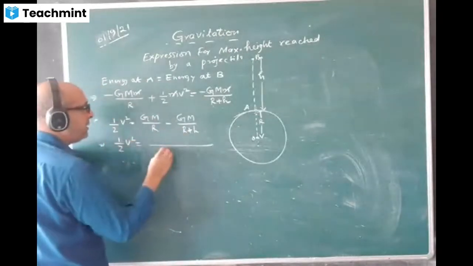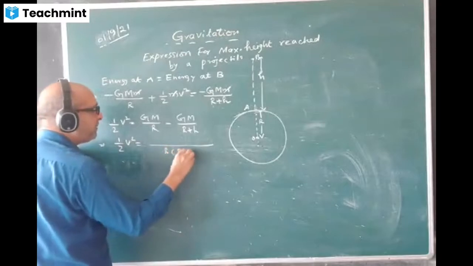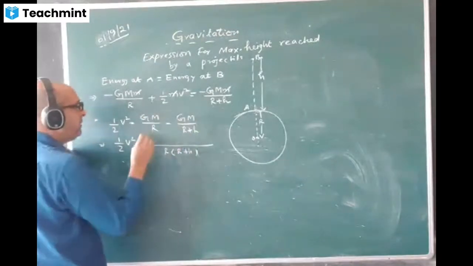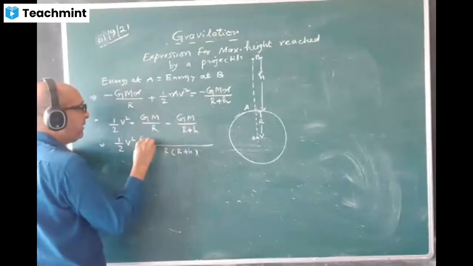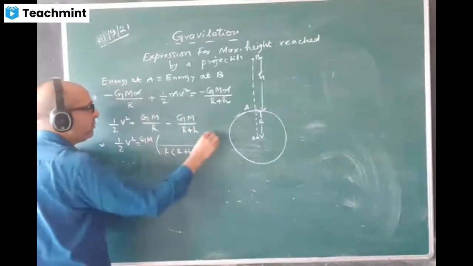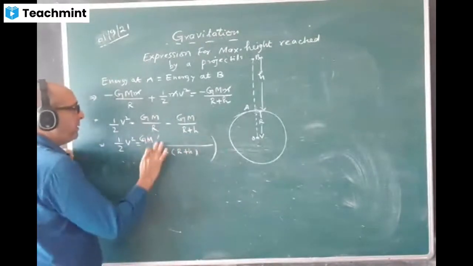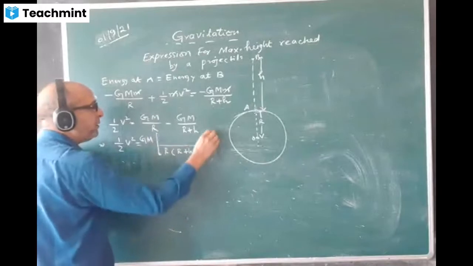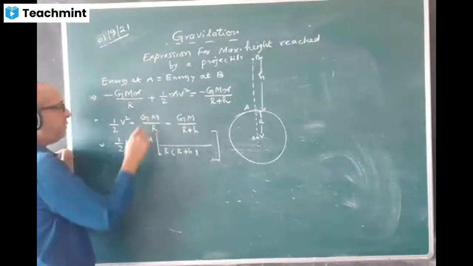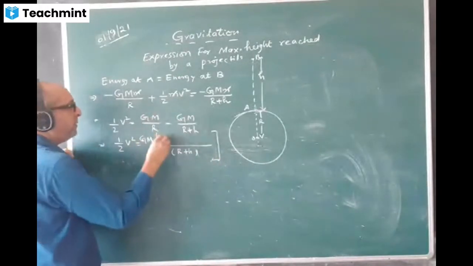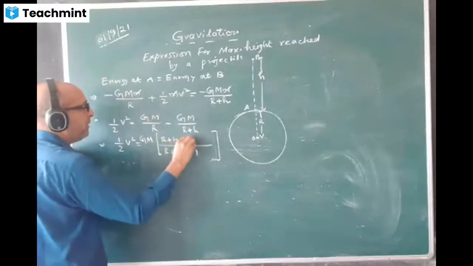Take LCM of this. LCM is R bracket R plus H. GM is common, and within the bracket we are solving it. This will come R plus H minus R.